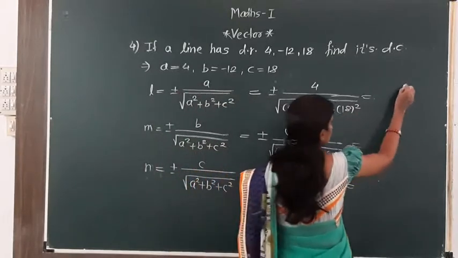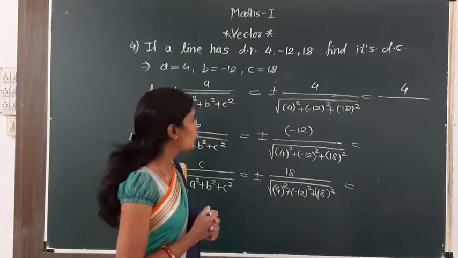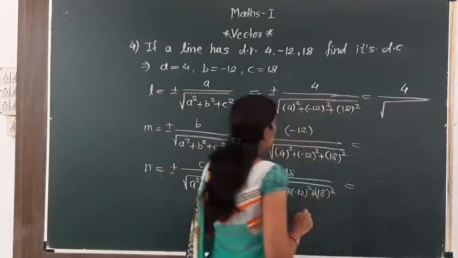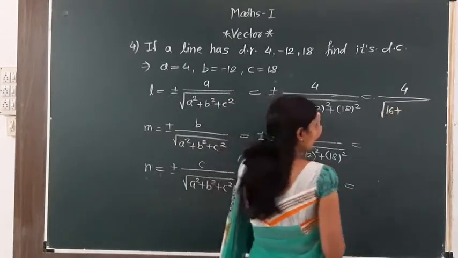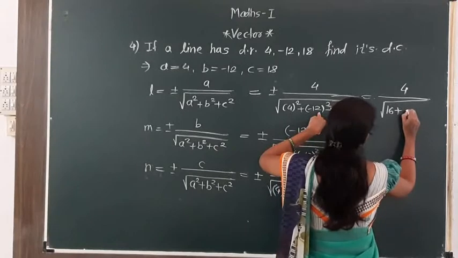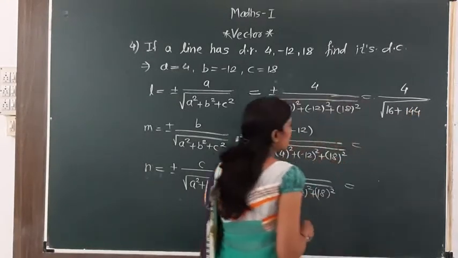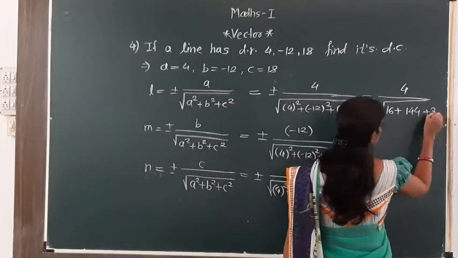So its value is 4 divided by, we take only the positive sign, root of 4 square, which means 16, plus 12 square, that is 144, and plus the square of 18, that is 324.